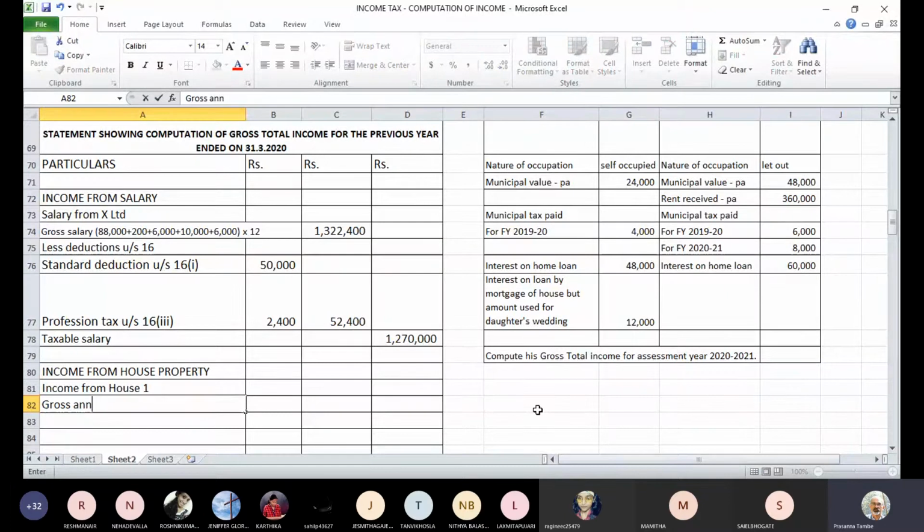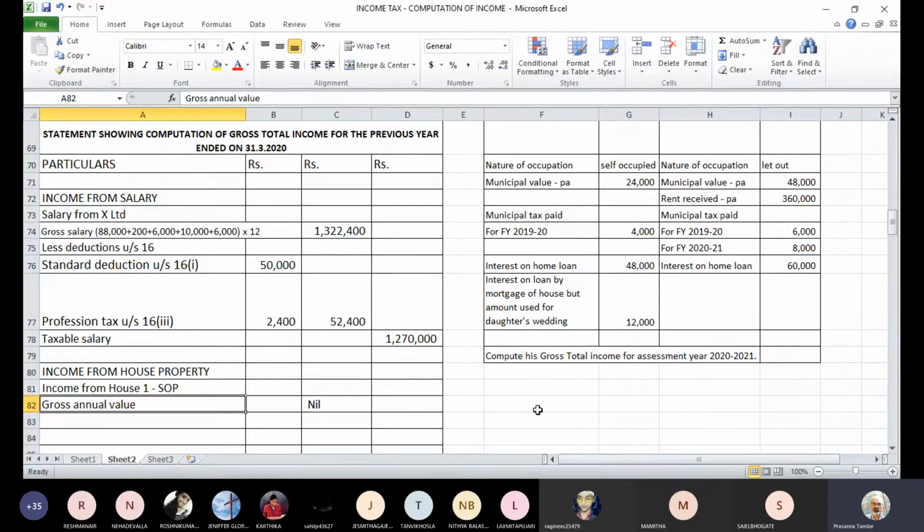If you want, you can add here income from house number 1 dash SOP, that is self-occupied property. So gross annual value is nil. It's nil in all the cases, irrespective of whether you are given fair rent or municipal value. The annual value of this property is always nil if it is self-occupied.